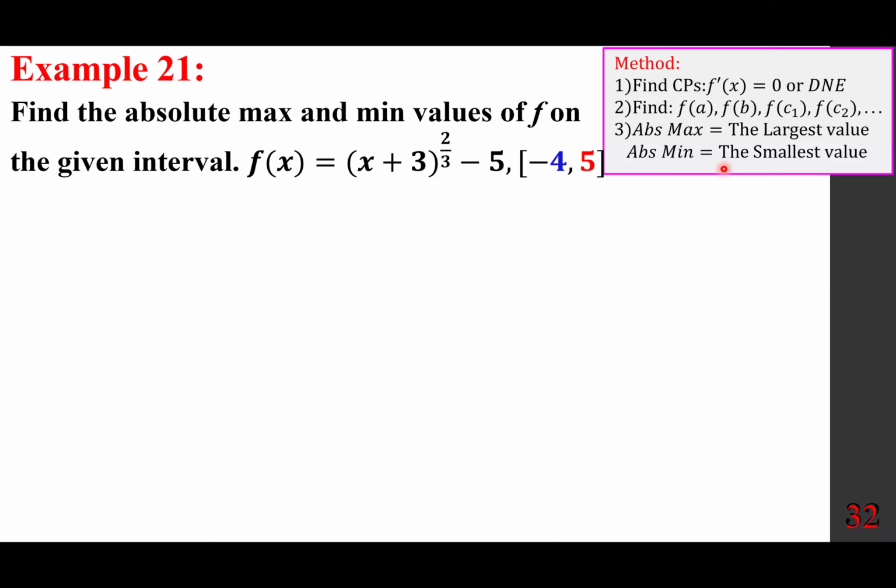So what are we looking at? First and foremost, let me rewrite this so you know what we are dealing with. f of x is equal to the cube root of x plus 3, quantity squared, minus 5.